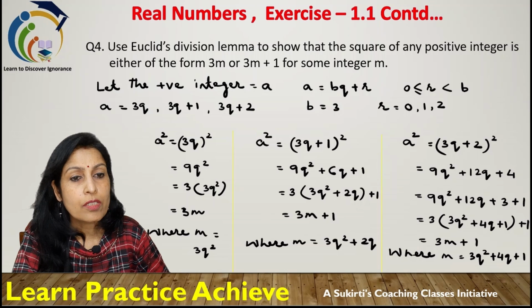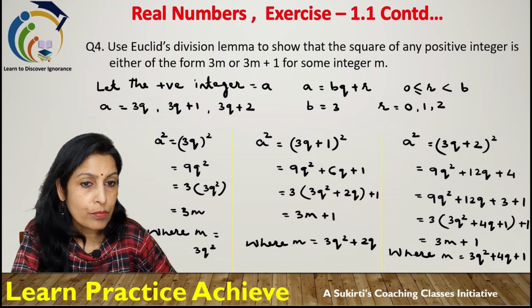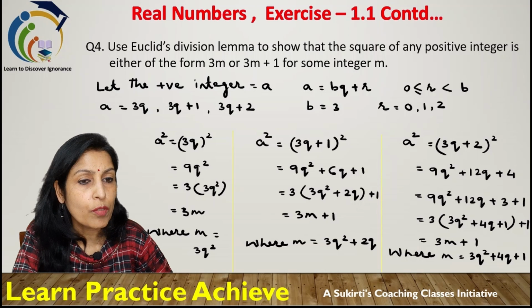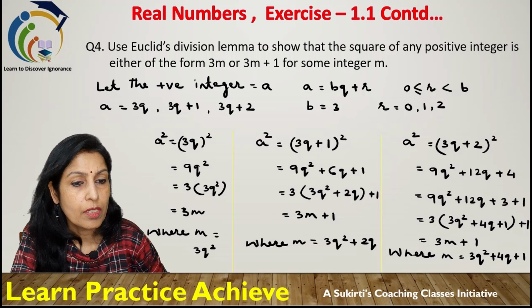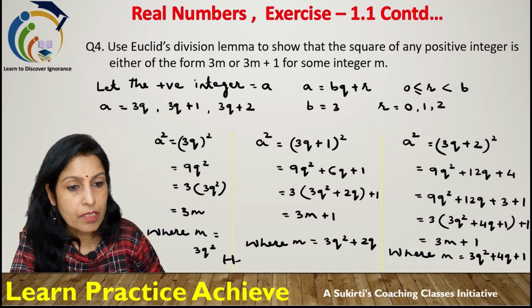Hence, this term is expressed in the form of 3m or 3m plus 1. It is proved. So hence we can write here, hence it is proved.